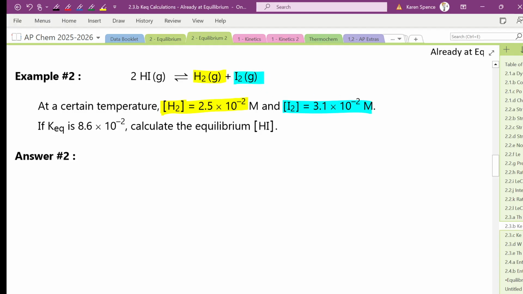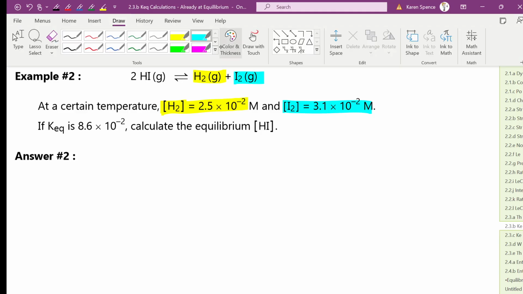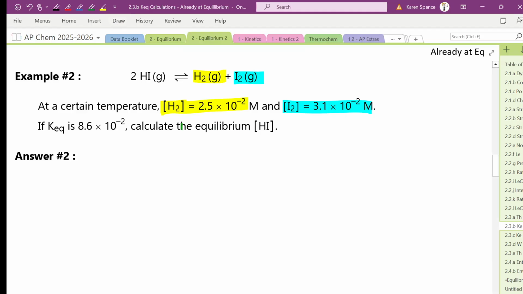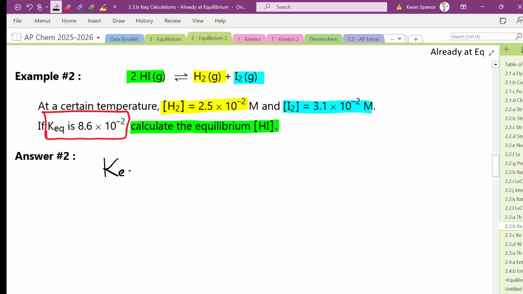And we are asked to calculate the concentration of HI. All right, and we are given our KEQ. What do you think the first thing is that you're going to have to write? The KEQ expression. So KEQ equals, go for it.